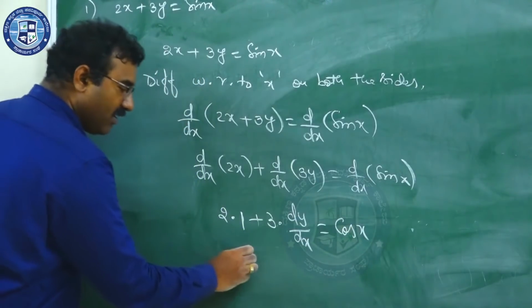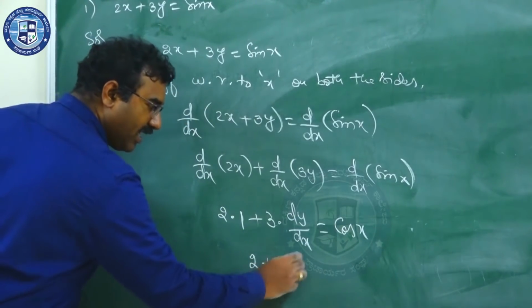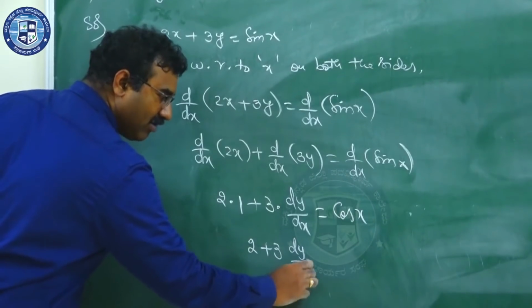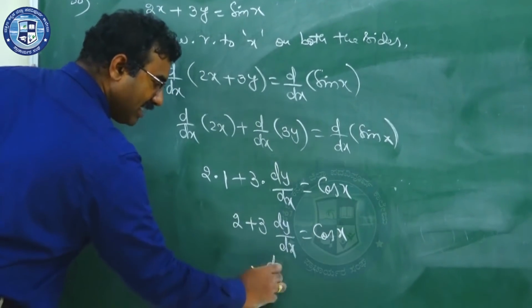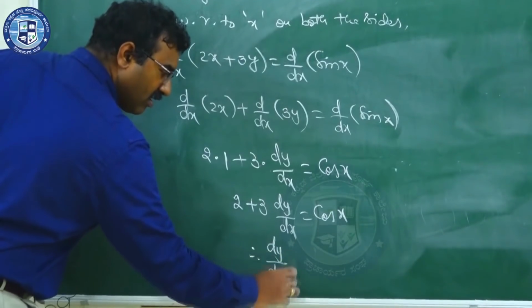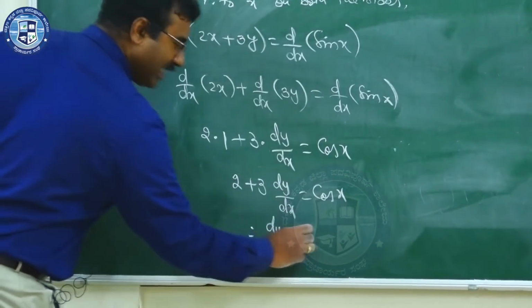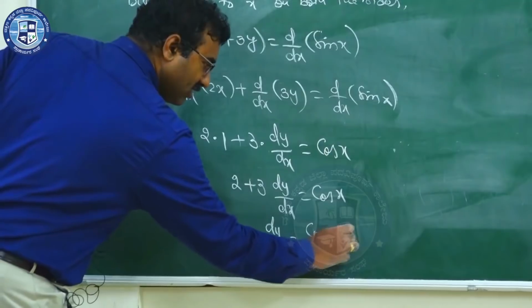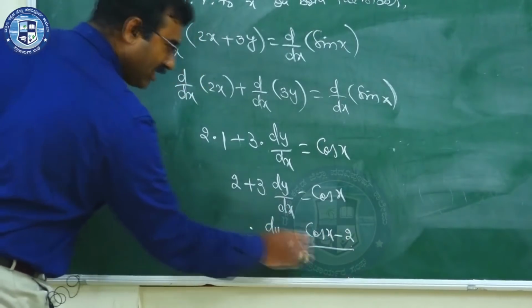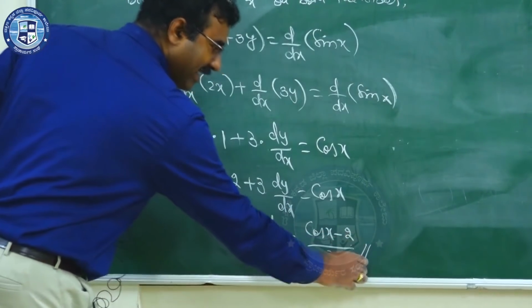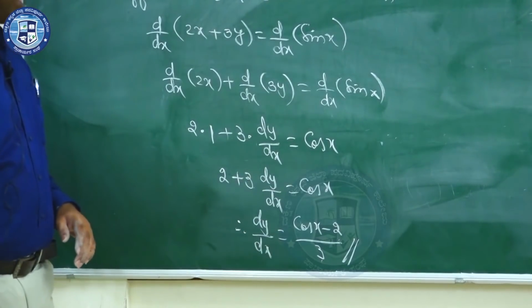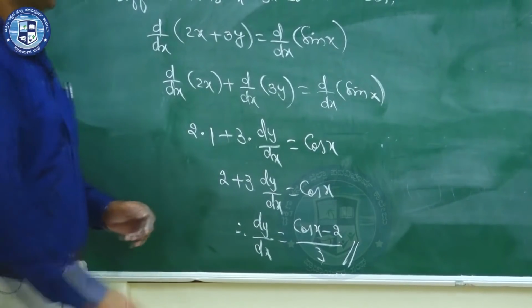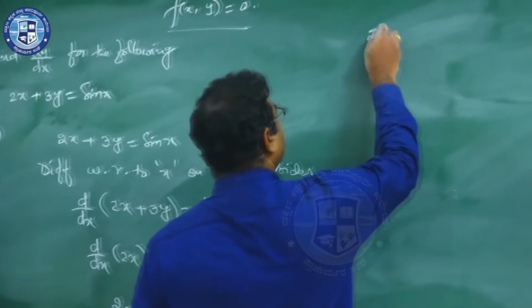So, what we are getting? 2 plus 3 dy by dx is equal to cos x. Therefore, what is dy by dx now? Take this 2 to the other side, cos x minus 2, and this 3 becomes divided by 3. So, dy by dx is cos x minus 2 by 3 we are getting. Okay. We will see another problem.